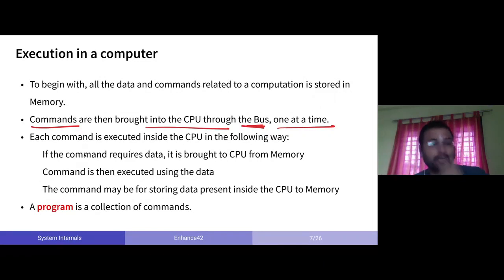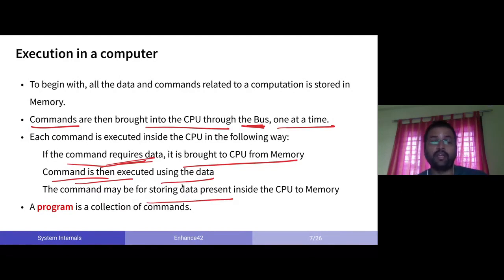Once you get that command, if the command requires any data, then it will bring the data also to the CPU from the memory, and then the command is executed using the data. And if it needs to be stored, the command will store data present in the CPU to the memory.